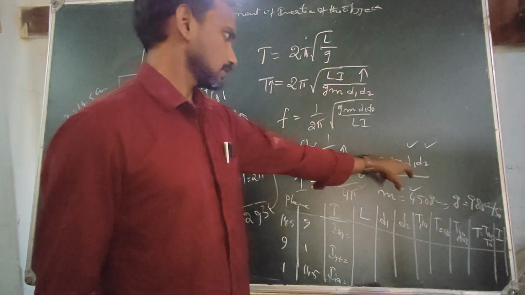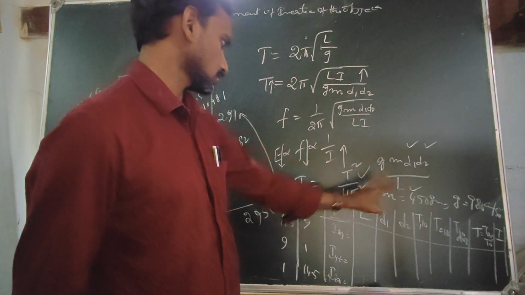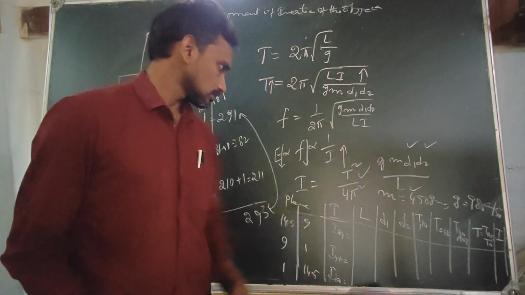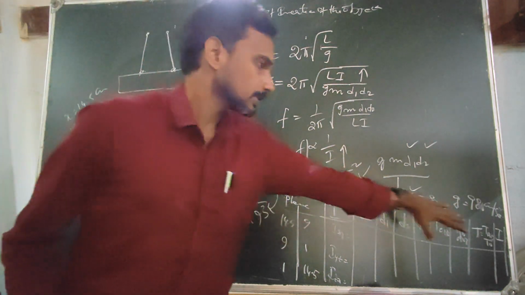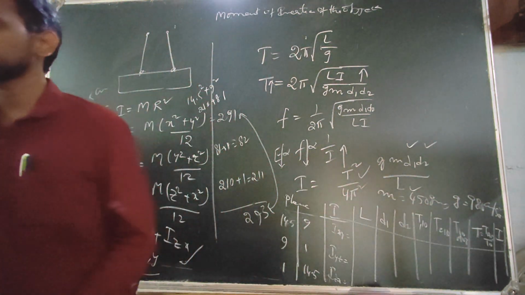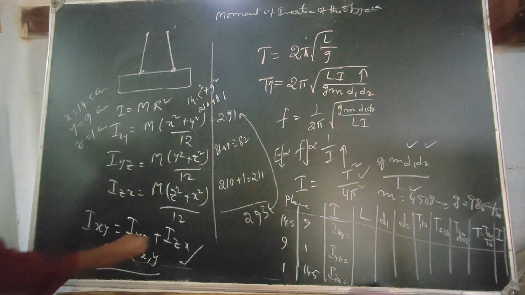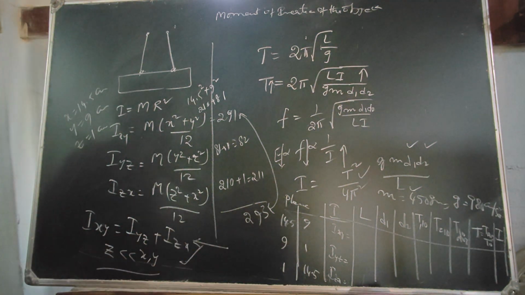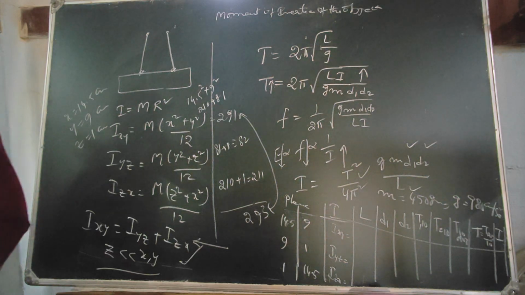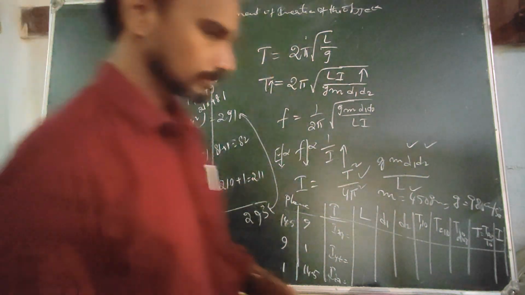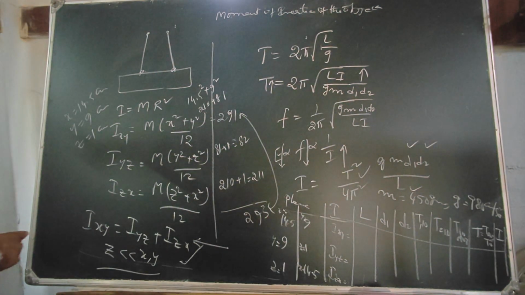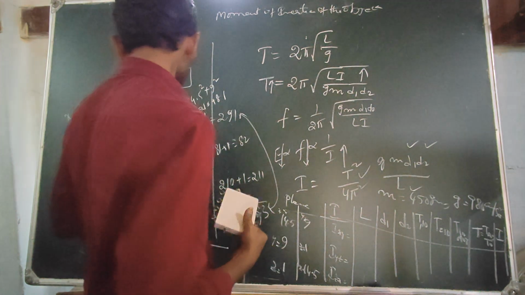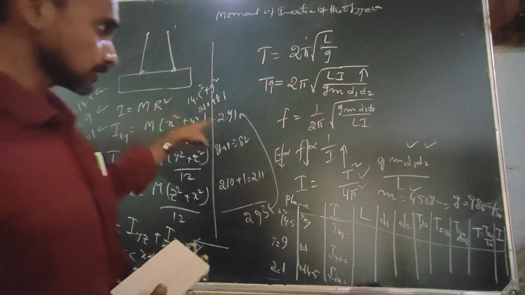So I have M, D1, D2, G, L, right. So this is the table. So theoretical values and experimental values. You should compare and finally verify this equation. Okay. So what is the order of the numbers that you get? M R square.